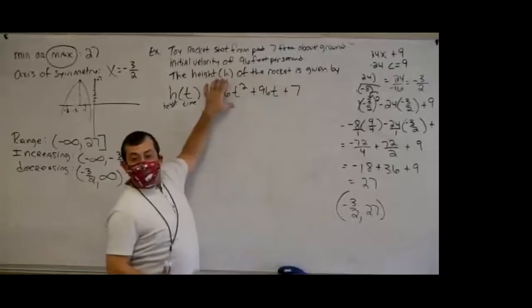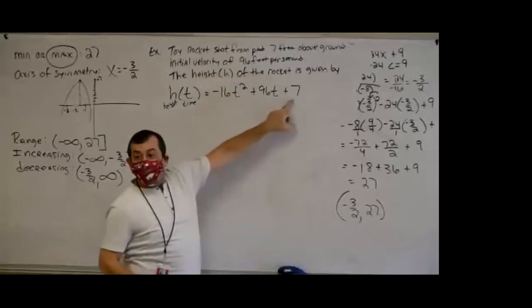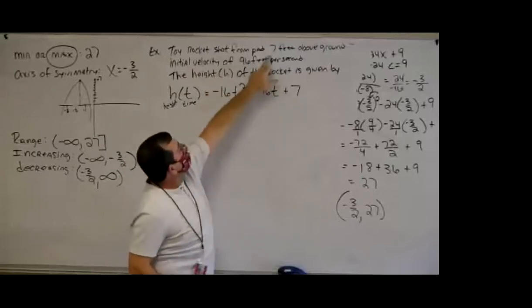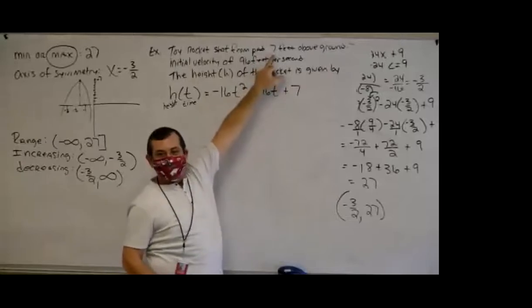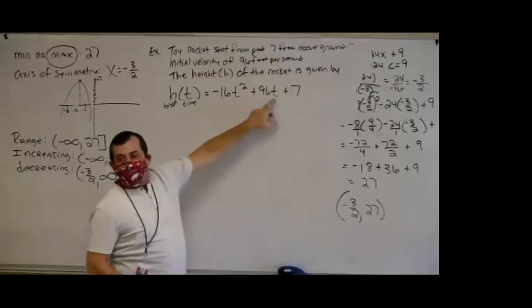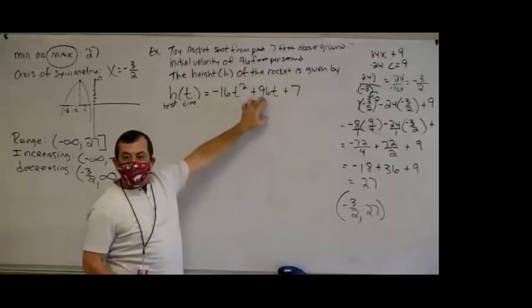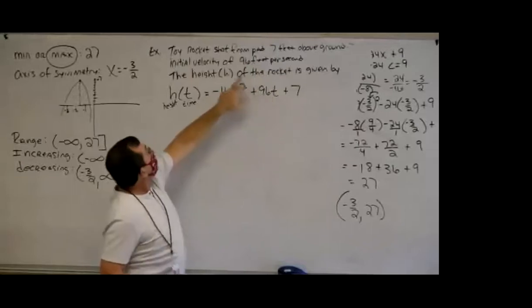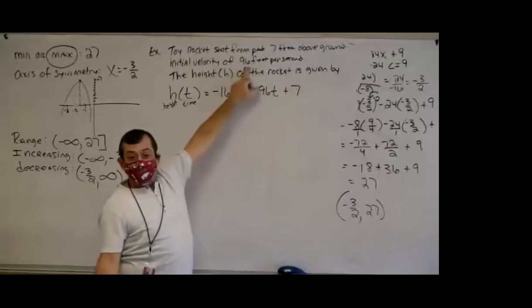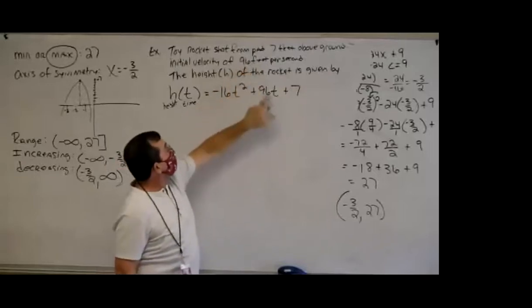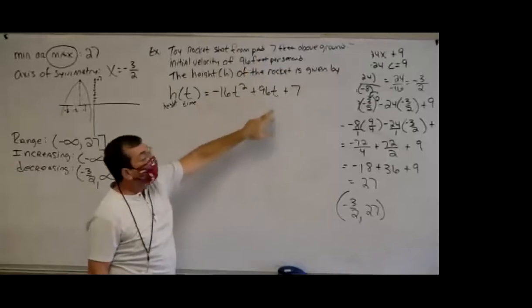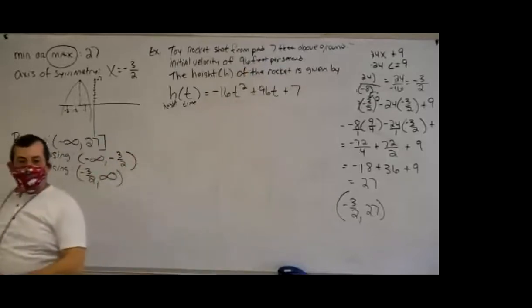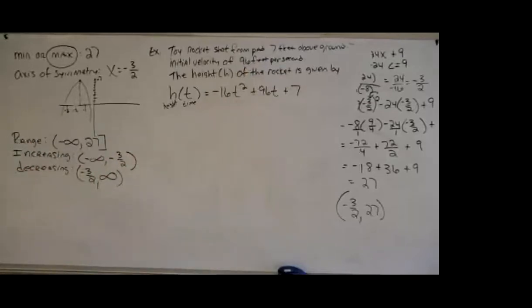So let me show you how they got this formula. If these t's were 0, 7 would be the height above the ground, which would be 7 feet, which is what they gave me. The 96 times t is how fast it's going for how many seconds, because they said it had a velocity, its speed, of 96 feet per second. So that's where they got this part. That negative 16t squared, guess what that is?